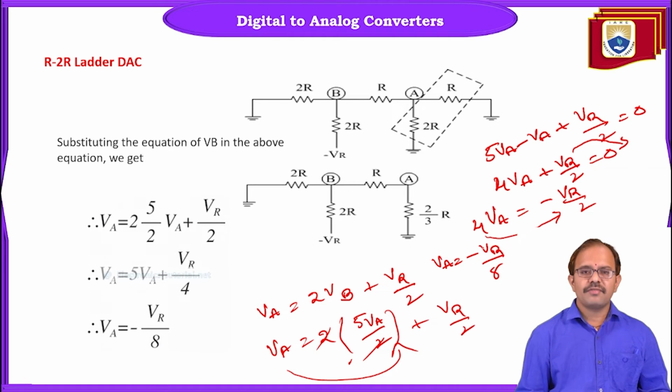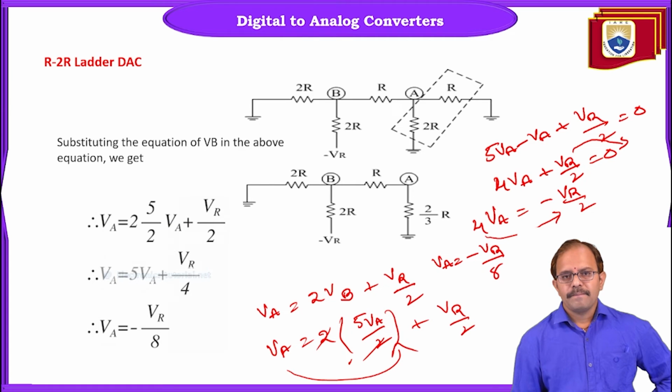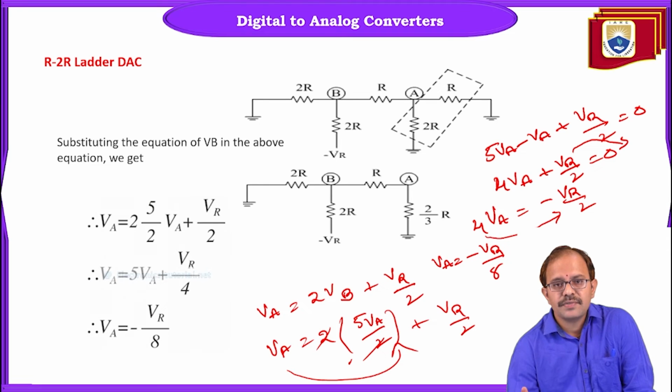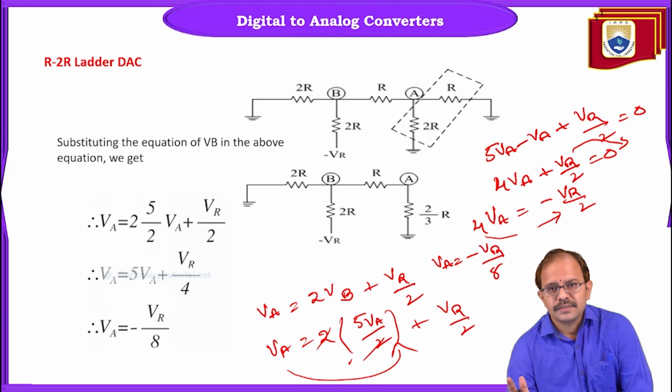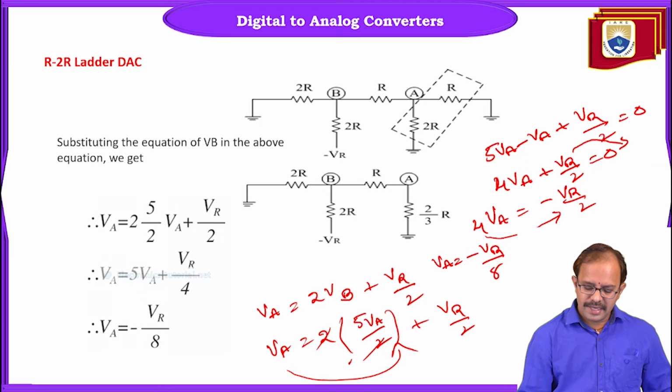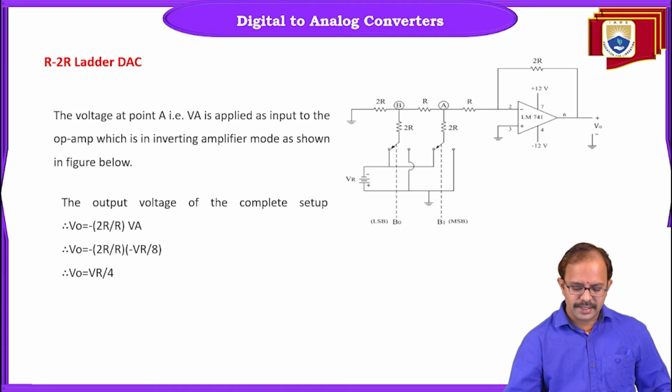So what is the expression for VA? That is the voltage applied to the inverting terminal of the operational amplifier. This is for 2-bit data. For a given 2-bit data, considering the 1-0 combination, where B0 is 1 and B1 is 0, we have VA equals minus VR by 8.